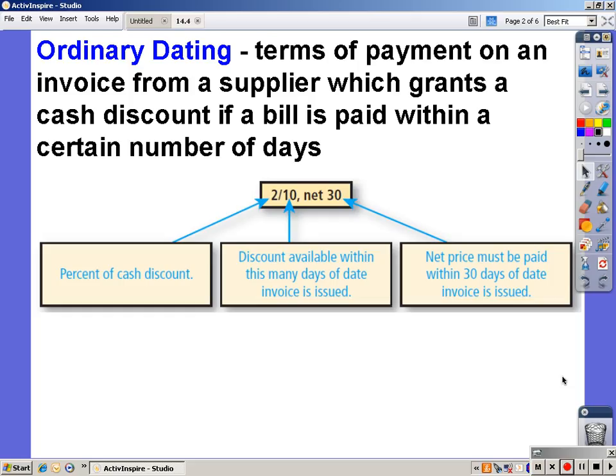The entire bill is due within 30 days with no discount. Okay, press pause, get it copied, get it written down, and resume play when ready. Okay, moving along.